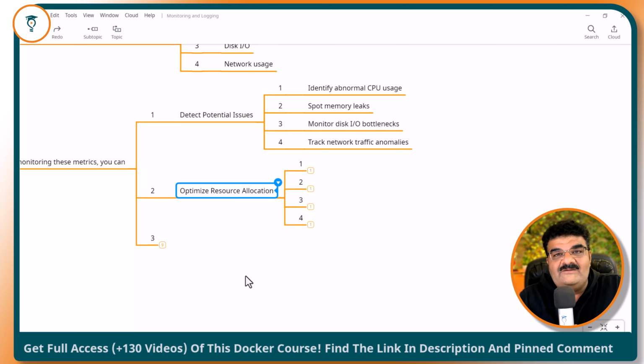Either your container will be under provisioned. Under provision means your CPU is always going to 100%. Now, if your CPU is always 100%, it means really slow performance for the user. Or sometimes it is over provisioned, like your CPU requirement is only one core and you provided 4 core reservation. In this case, you are wasting your resources.